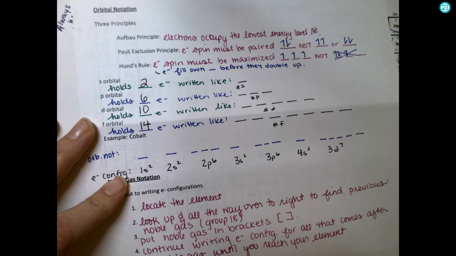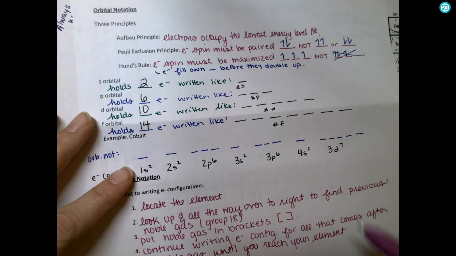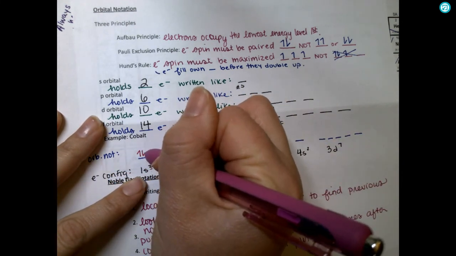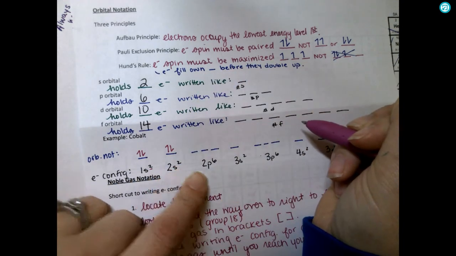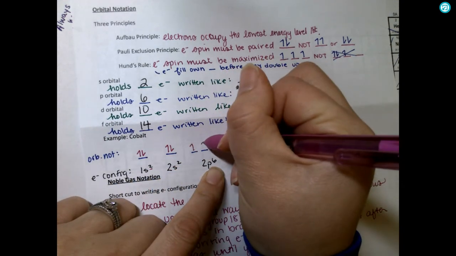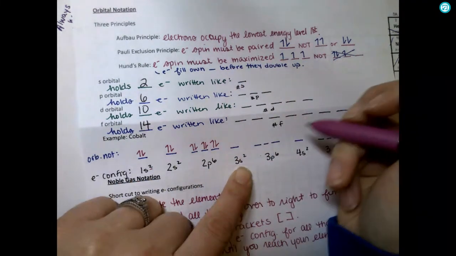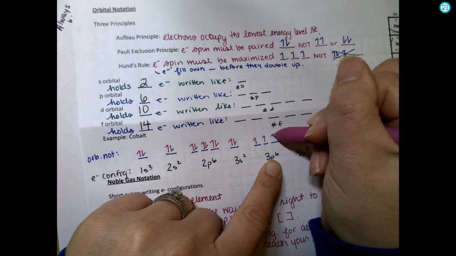Next, I'm going to put in my electrons. Again, I need to show them by half arrows. They need to be spinning in opposite directions, and one in each line first before I double up. So my 1s has 2, 1 up, 1 down. My 2s has 2, 1 up, 1 down. My 2p has 6, 1, 2, 3, 4, 5, 6. My 3s has 2. My 3p has 6.